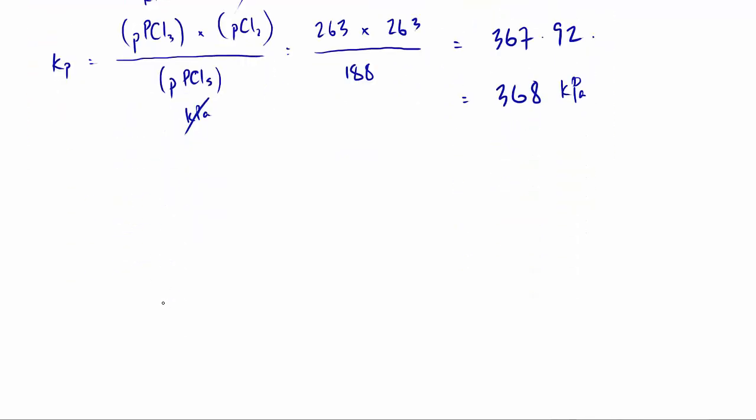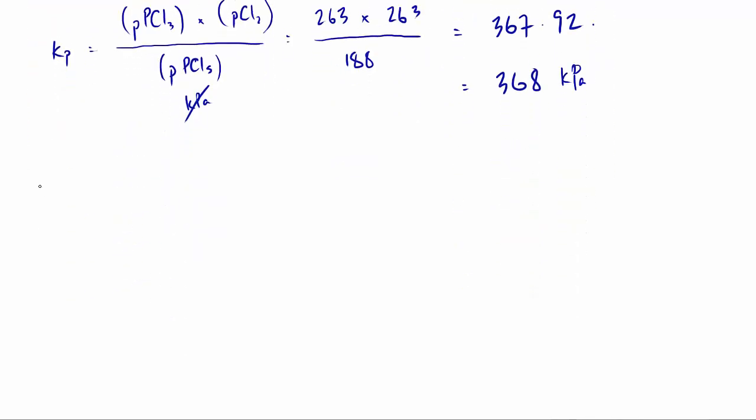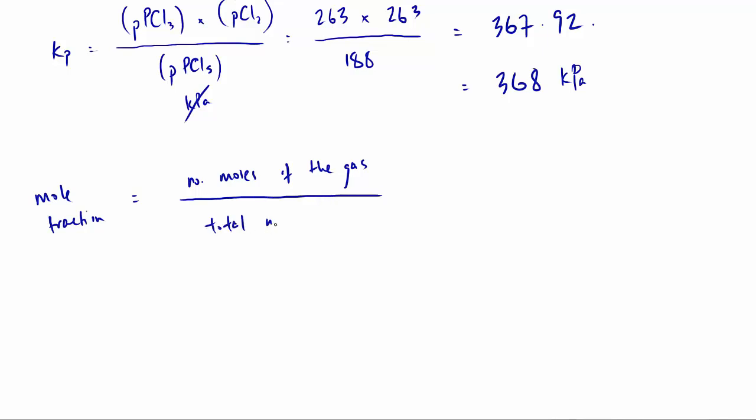So in that sense, we may need to use something called the mole fraction. Now the mole fraction is exactly as the name suggests. It's the fraction of moles of a certain gas in the equilibrium system, and it's the number of moles of the gas, whatever gas it is we're talking about, divided by the total number of moles of gas.